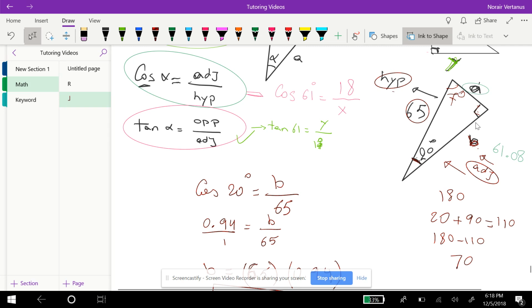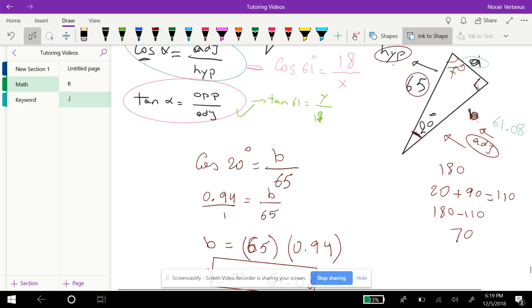Now let's say we want to find A, this leg. These are the legs. A and B are called legs of the right triangle. When you're using sine, cosine and tangent, that applies only for right triangles. Not isosceles, not equilateral or scalene. So now you want to find A. Again, I'm going to consider this angle 20 degrees.